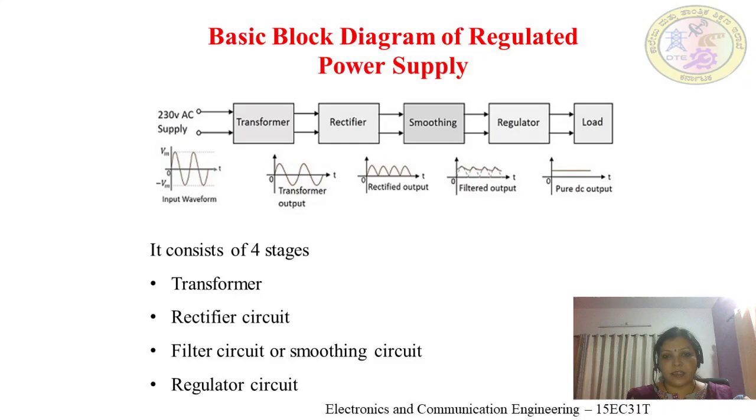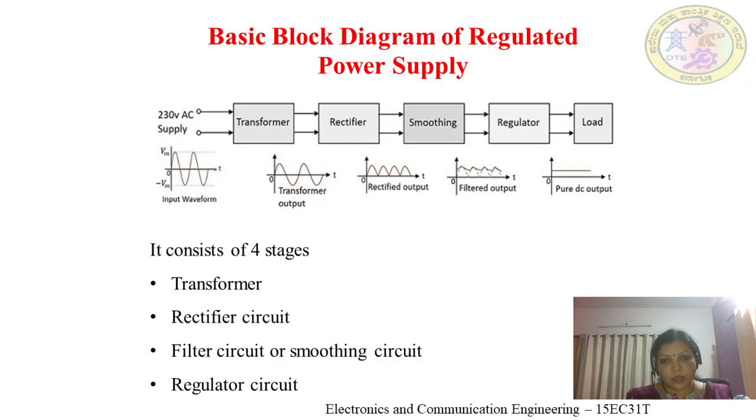It is DC, as all the pulses are only on one side. It is not like AC. All the positive and negative cycles are converted to the positive side only. But still that continuous variation is there, it is of a pulse nature.